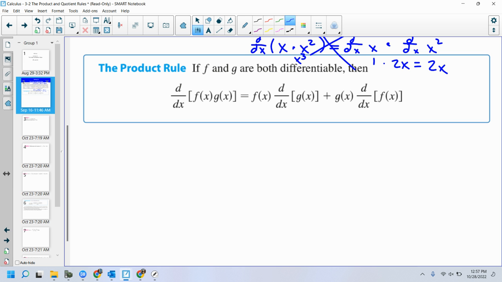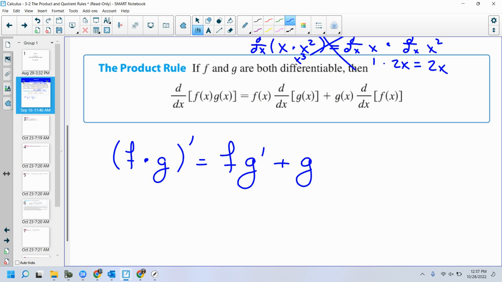In our notation here, that is f g prime plus g f prime. That's the product rule. The product rule is quite simple. You take the derivative of one of them multiplied by the original of the other, and then you flip it.